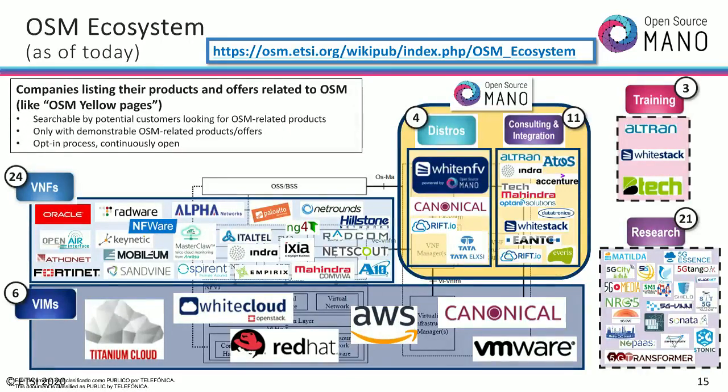There is a question. We see a lot of vendors supporting the SOL 001 TOSCA descriptor. What's OSM's point of view on any future alignment in the community on a common descriptor format?